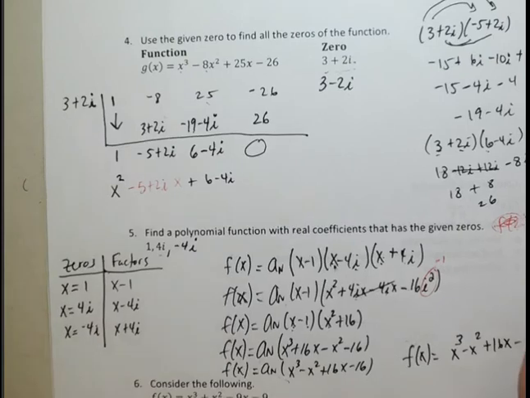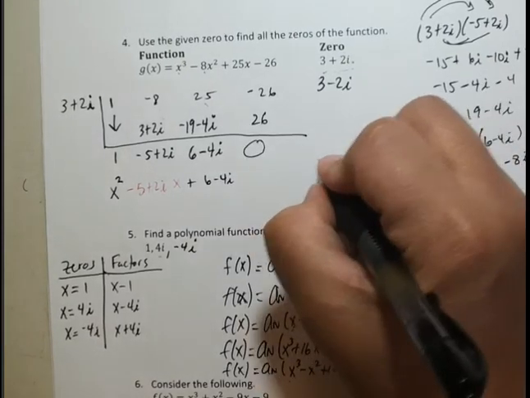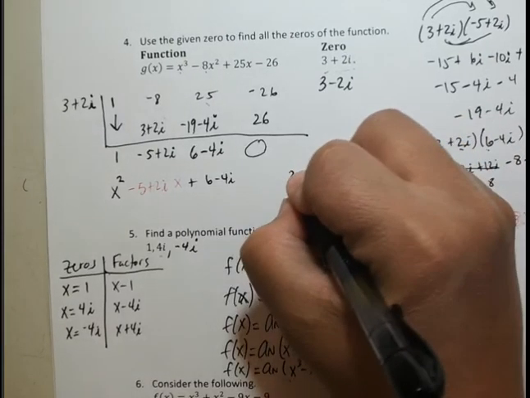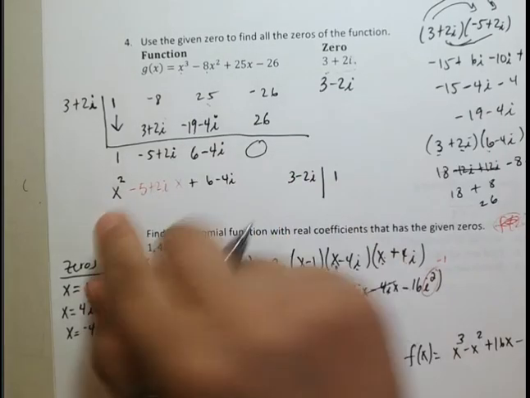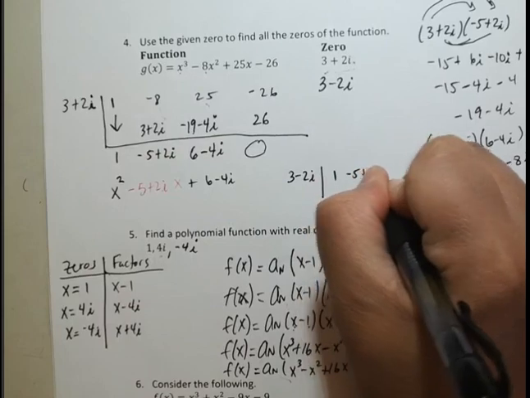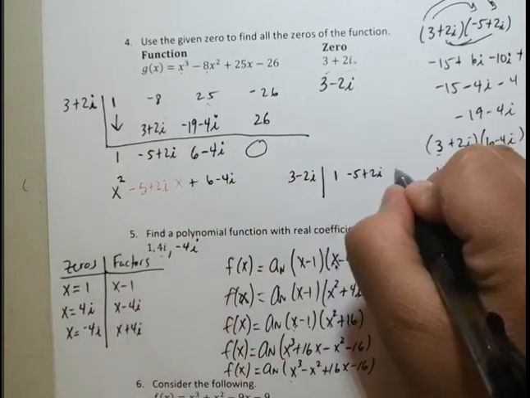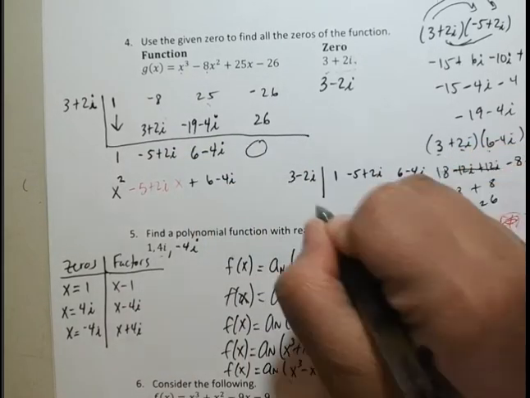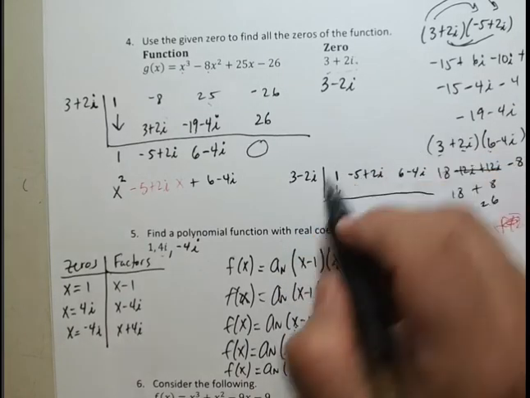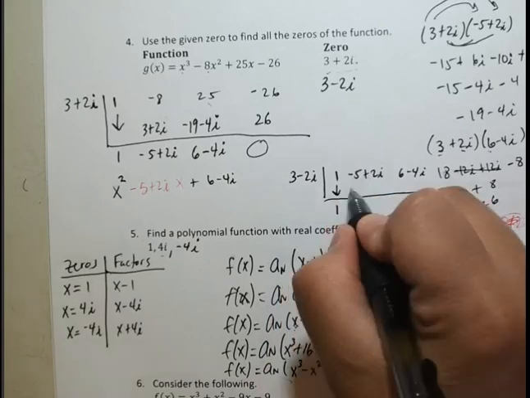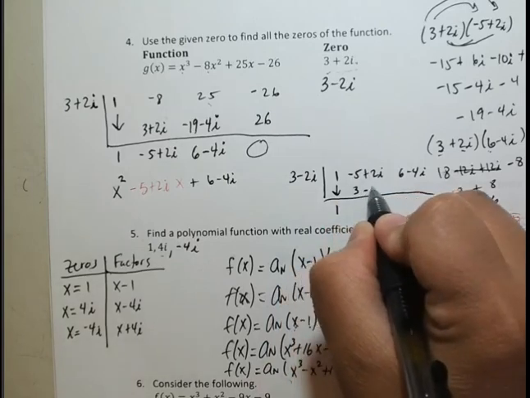So my synthetic division that I'm going to use now is, I'm going to have 3 minus 2i, and I'm going to use a 1 for my x squared, negative 5 plus 2i, and 6 minus 4i. So we're going to bring down the 1. 1 times 3 minus 2i is 3 minus 2i.